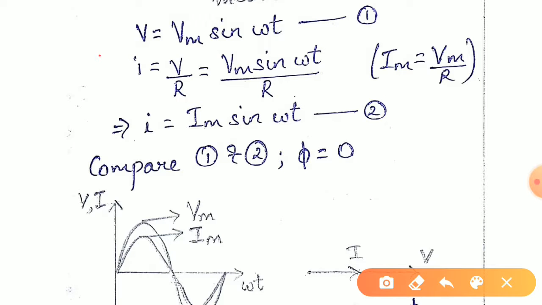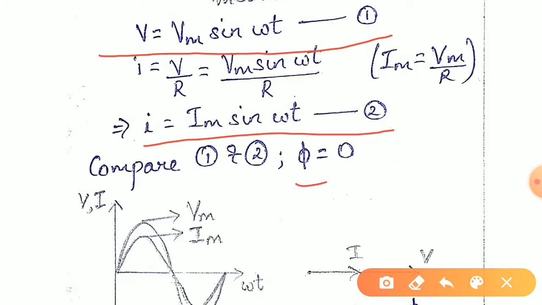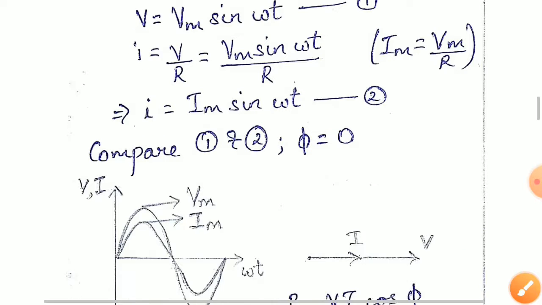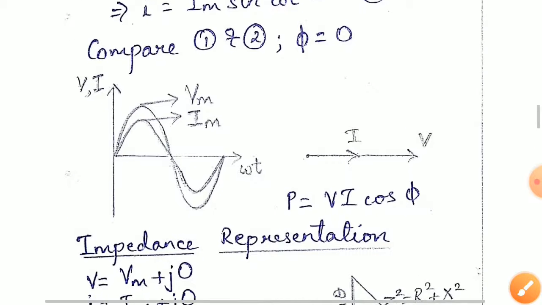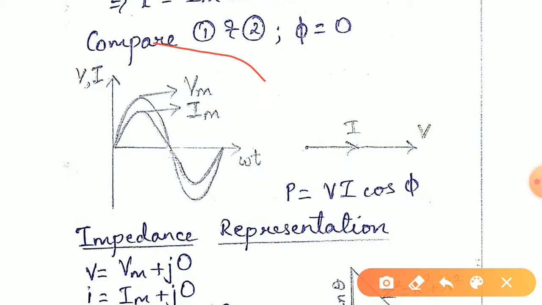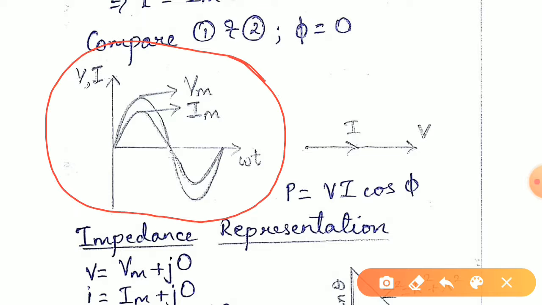When we compare equation 1 and equation 2, there is no phase difference, that is, phi value for both the equations is 0. As a result, there is no phase difference between voltage and current, and so we get a waveform in this manner when voltage and current are plotted with respect to omega t.